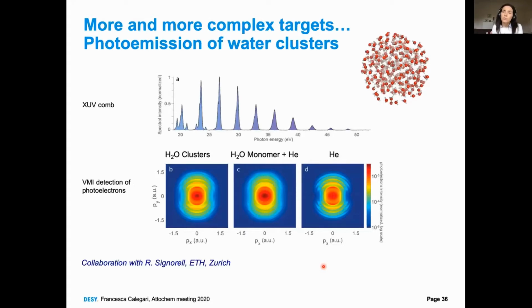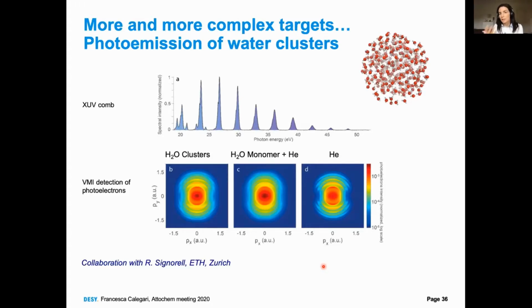We don't want to study isolated molecules in the gas phase, but we would like to insert these molecules in a water environment. This can be done, of course, by investigating, for instance, liquid jets, but this is a high level of complexity. So there is an intermediate step that can be done, and this is by putting the molecule in a cluster of water molecules.